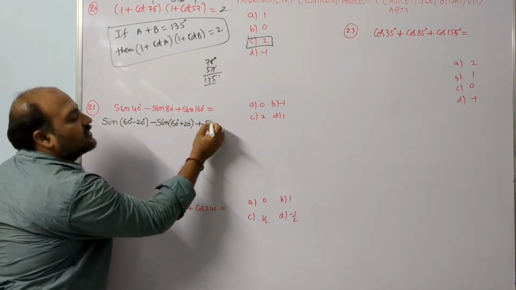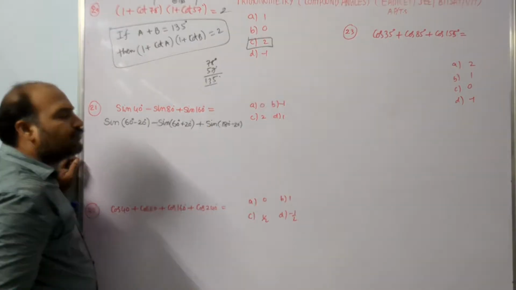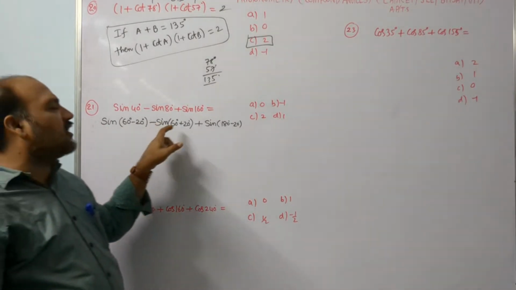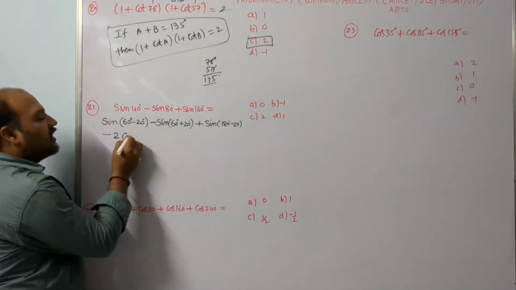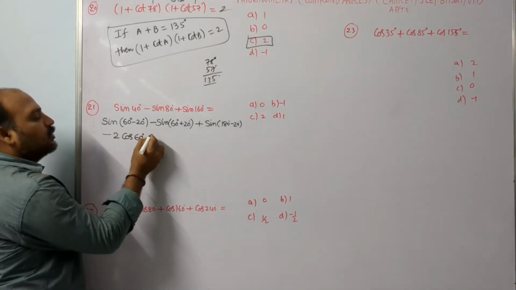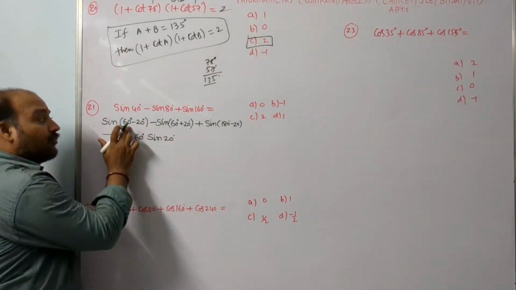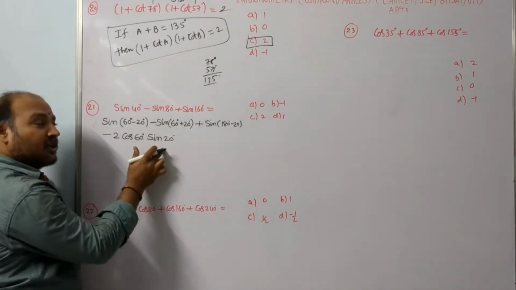Plus sine 160 can be written as sine of 180 minus 20. First come to the first two terms: sine of A minus B minus sine of A plus B. We can write it as minus 2 cos A, value 60 degrees, into sine B, 20 degrees.